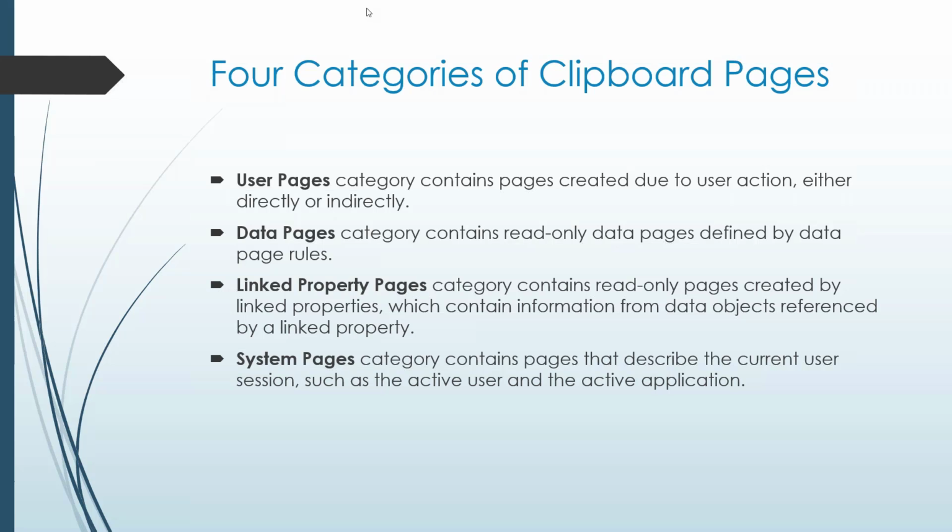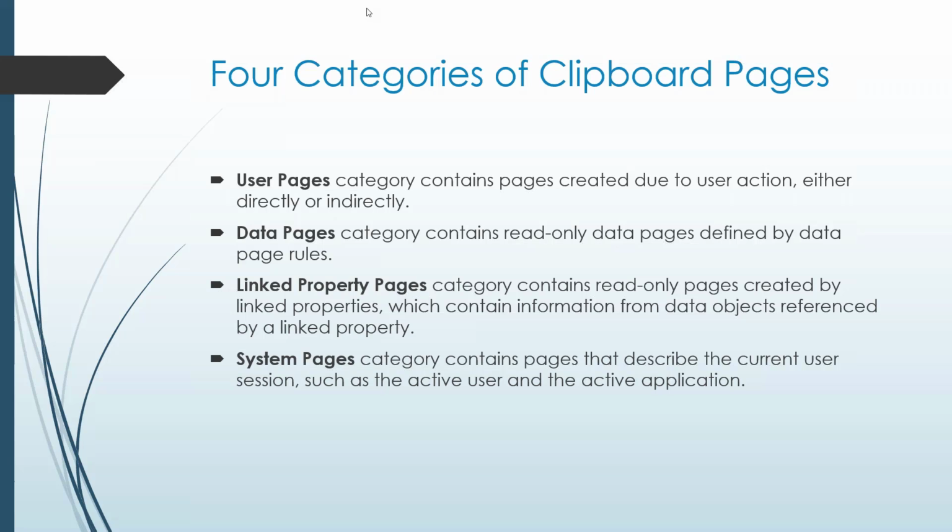And then the last one, system pages. If you want to look at data related to the current user, which operator has logged in, which operator raised this case, what the current active user session is, which application you are in, or what the organization, division, and unit are, all of that can be checked in the system pages category.